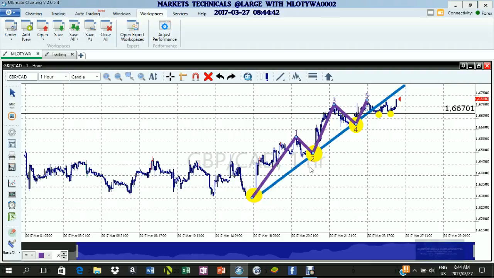Give that a color. Now, where do we enter our trade? We can see that we have this, we have that, and then we know that this Elliott wave now coming to this point means the market will change direction.